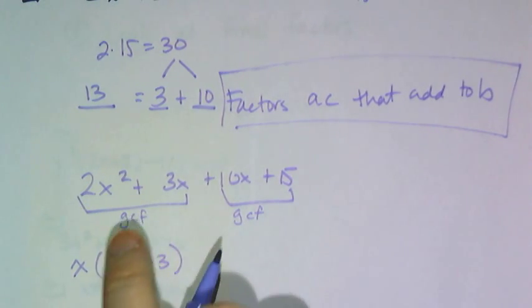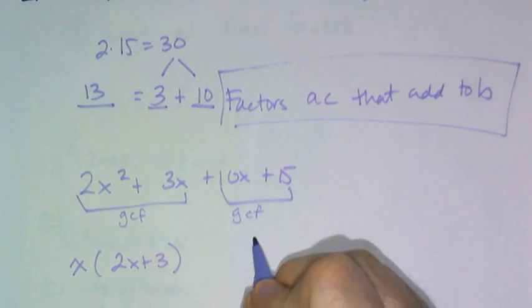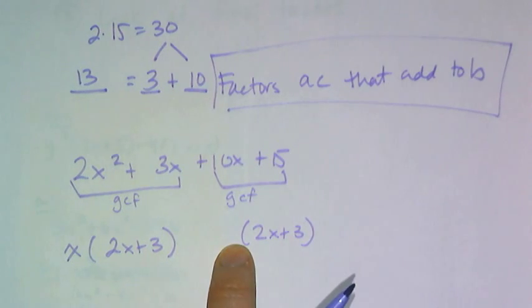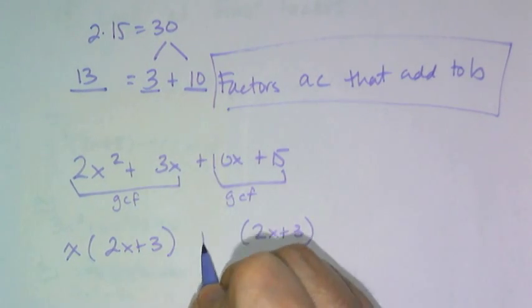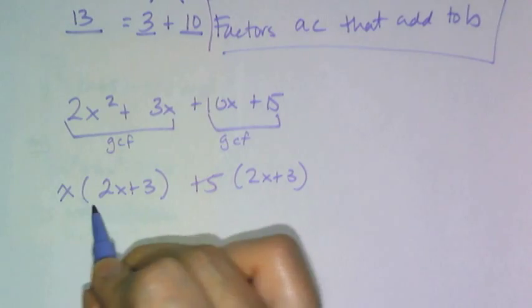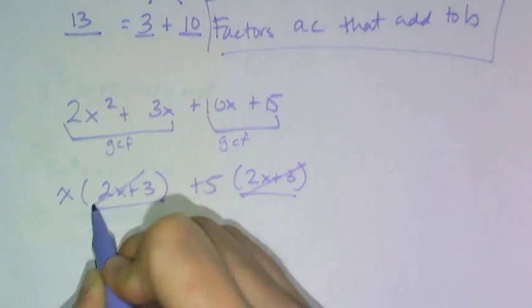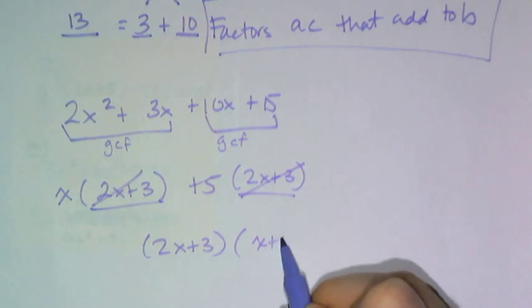So that means that on this side, I have to be left with 2x plus 3, and then I just have to work backwards to think, well, what times 2x gives me a 10x, and that's a 5, and so then 2x plus 3 is common to both, and the leftovers are x plus 5.